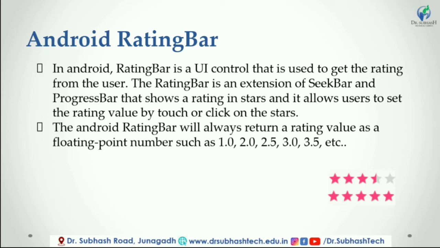It allows user to set the rating value by touch or click on the star. The Android rating bar will always return a rating value as a floating point number such as 1, 1.0, 2.0, 2.5, 3.0, 3.5, etc. Following is the pictorial representation of using rating bar in Android application.